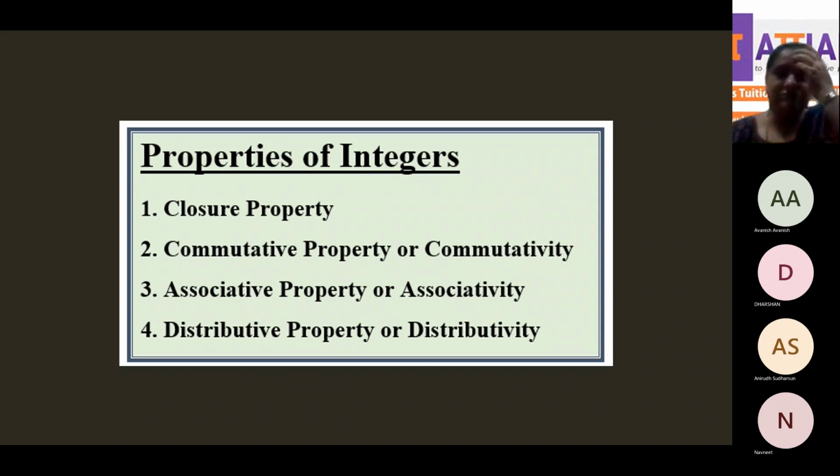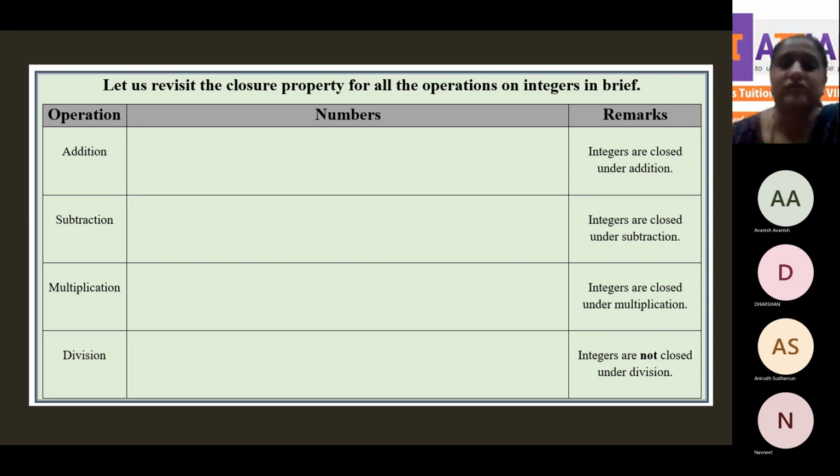Okay, now what do we mean by the closure property of integers? That's what we're going to see here. Now I'll explain what is in the slide. Listen carefully. Let us revisit. I don't know if you have learned this in standard 6. You should have learned it in standard 6, but I'm not very sure. That is why I've given the heading, let us revisit. But if you're seeing it for the first time, it's okay. I will be telling you in detail.